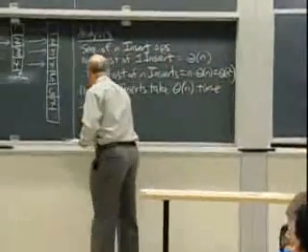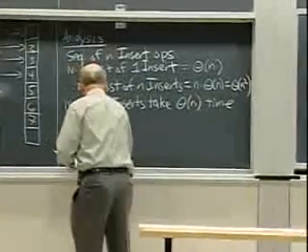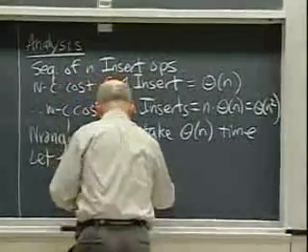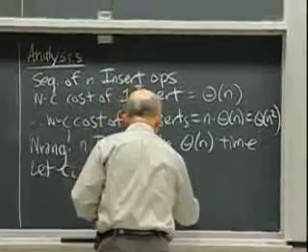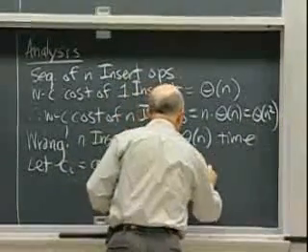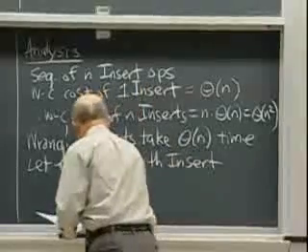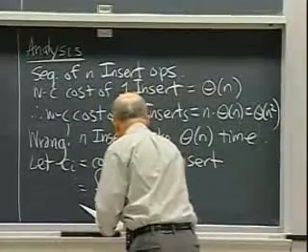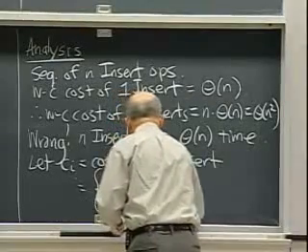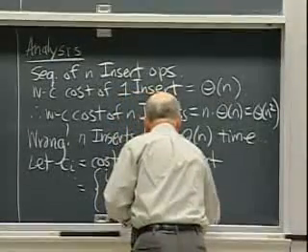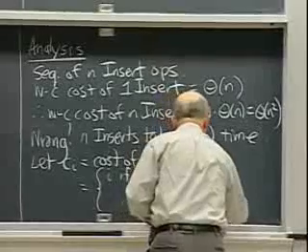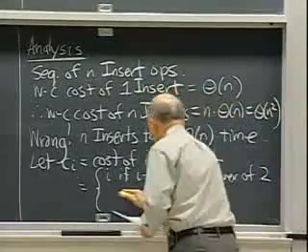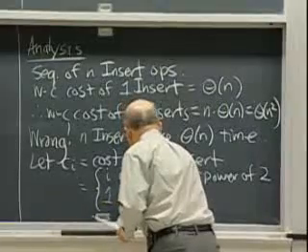So let C sub i be the cost of the ith insert. Okay, so that's equal to i if i minus 1 is an exact power of 2. And it's 1 otherwise.